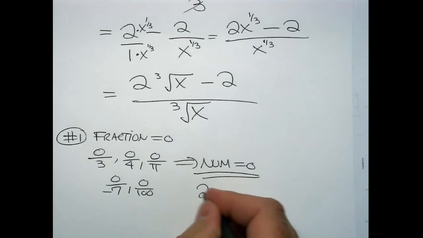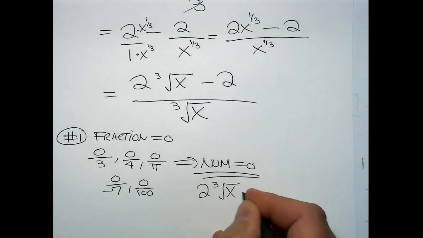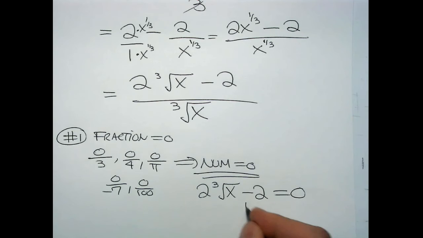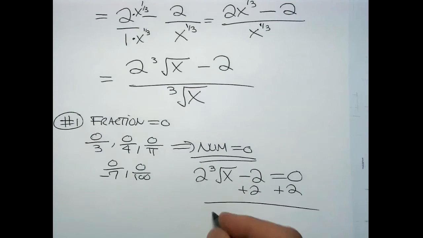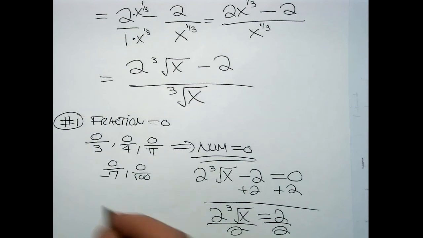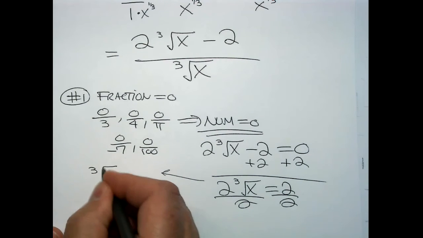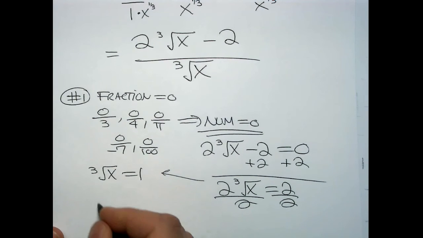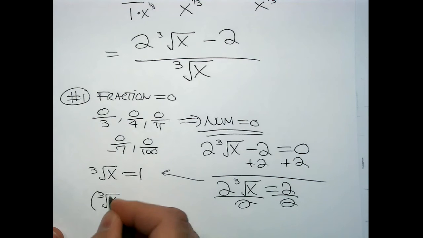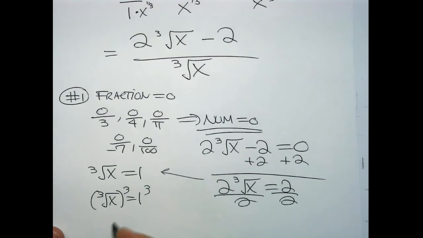So we're going to take 2 cube root of x minus 2 and find out when that's 0. I think we can do that pretty effectively here. 2 cube root of x is 2, divided by 2. I'll bring it over here. The cube root of x is 1, cube both sides, and I found one.